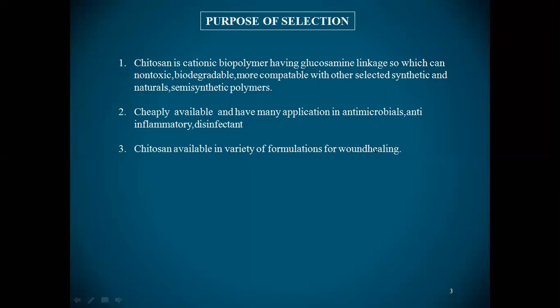It has a variety of applications as an antimicrobial, anti-inflammatory, disinfectant, and in wound healing, and it can be formulated into membranes, nanogels, nanofibers, nanosponges, etc. So I have selected chitosan as the polymer for my project.